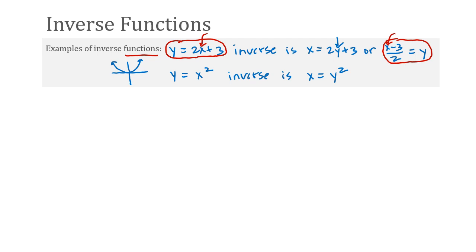You may remember something about horizontal line tests or vertical line tests. A vertical line test, if I run a vertical line through this function, because it only goes through one location, that's what tells me that this is a function.